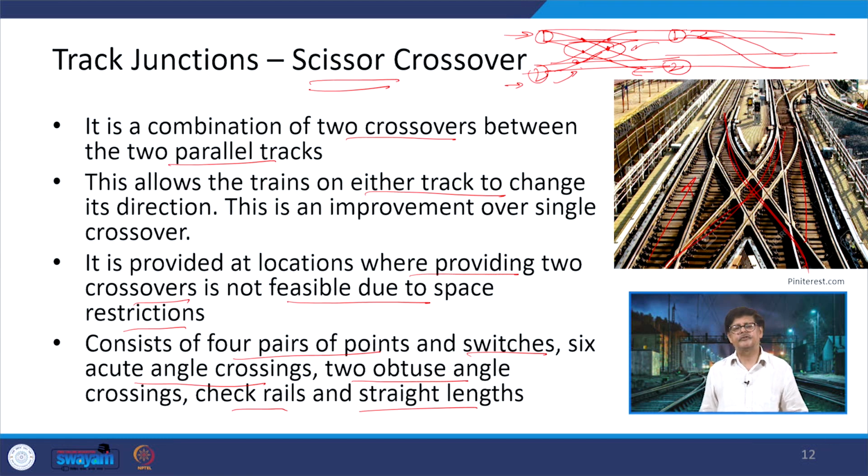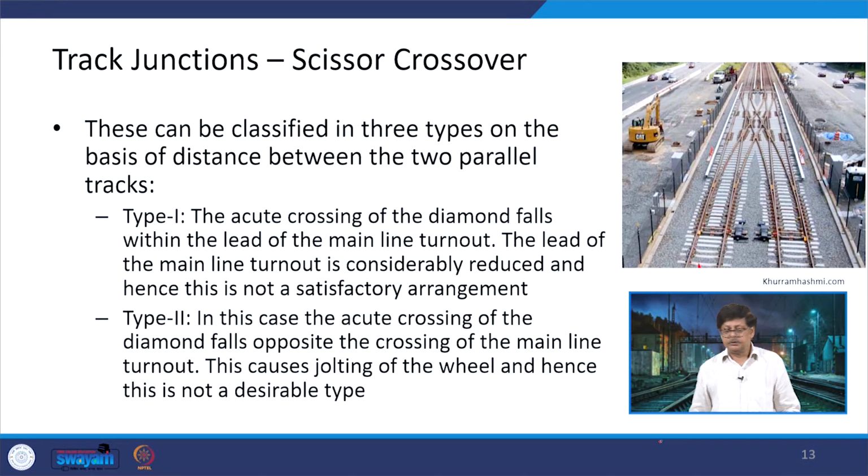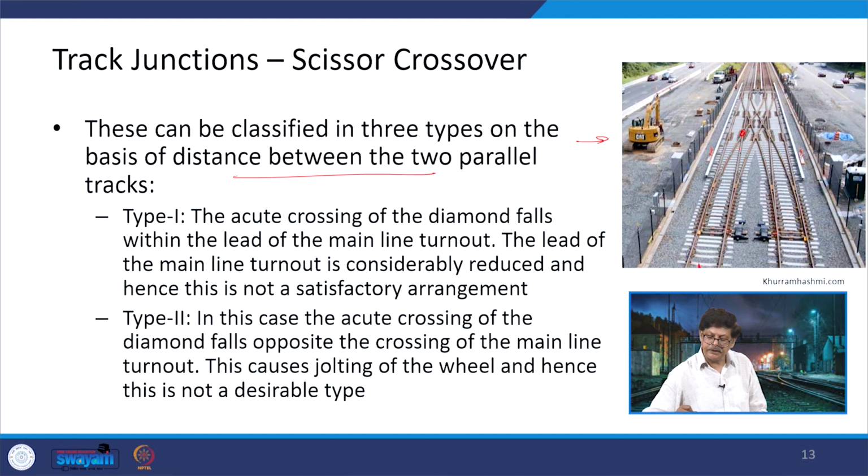to the different angles. Now, this can be classified in 3 forms, and the basis is the distance between the 2 parallel tracks and the positioning of the crossings, the turnout crossing and the main line crossings. Say in this photograph, you can see that the crossing is being provided here, but when the crossover is happening, the crossover crossing is also here.